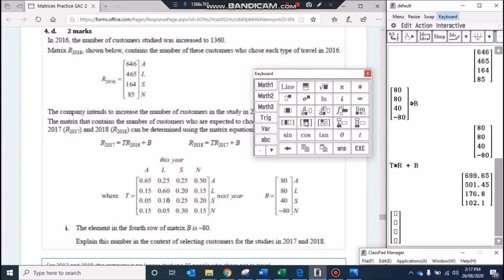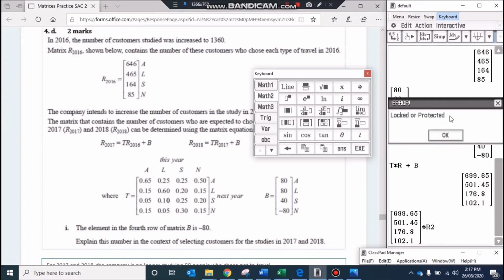because I like to define the matrices, I'm going to retype this one out. And maybe I'll just name that R2 because it's the second R I'm using.